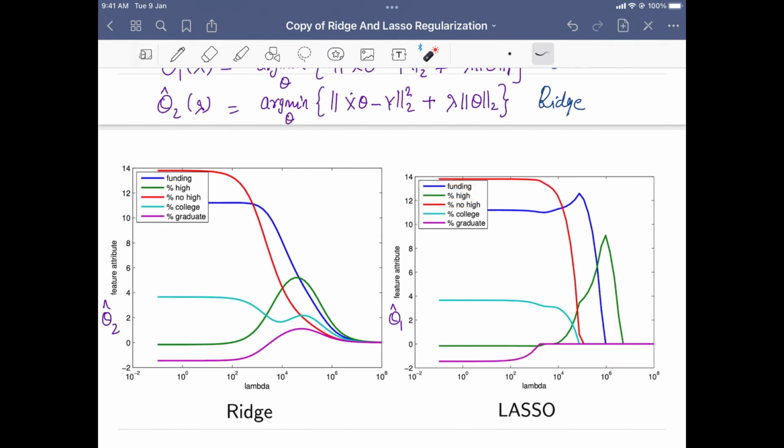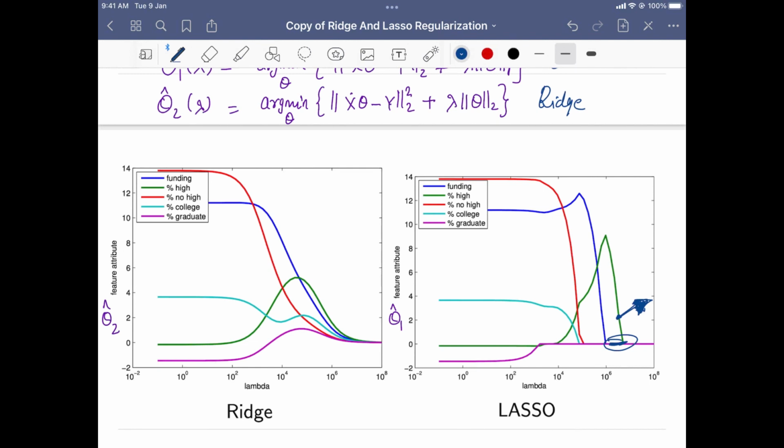This means this is the one which is actually acting as an important feature to detect the crime rate in the city.